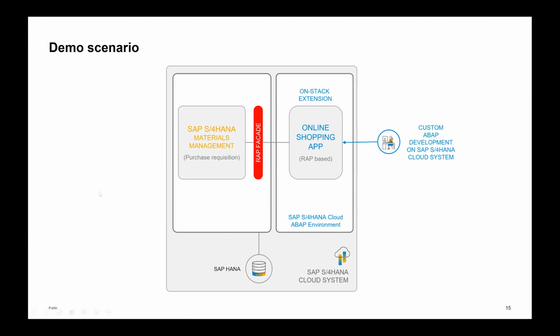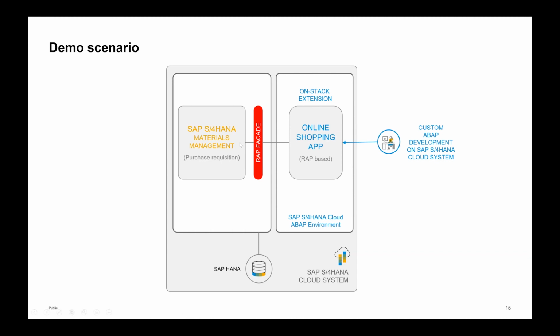And what is the demo scenario? On the same stack, we have our online shopping app, web-based, and whenever we order a new laptop or desktop for this on-stack extension, which we have developed, we could, for a newly ordered laptop, trigger a purchase requisition or sales order automatically using the wrap facades. And what are wrap facades?